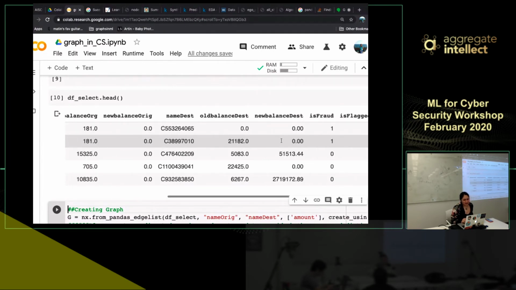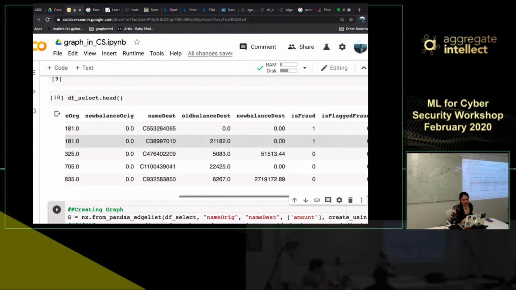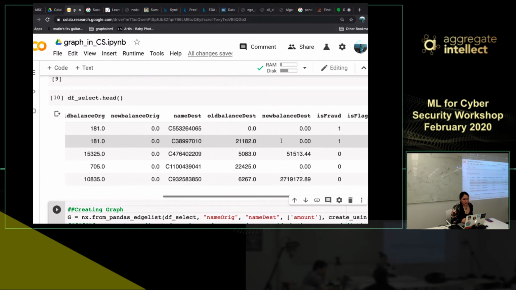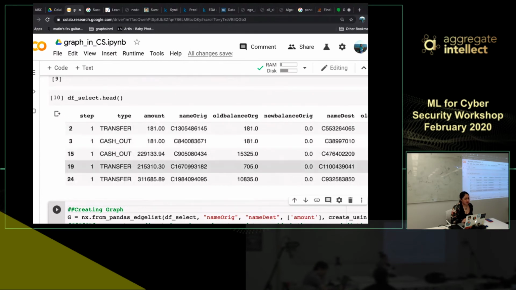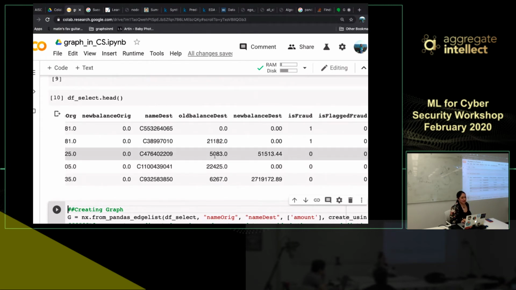Is that a typical way that fraud would manifest? Could somebody send money to a destination that they didn't actually want to send to? There's an issue with the data. Oh, it's a data issue. It's not somebody intercepting it. No, you see, for the origin there's an old balance and new balance.